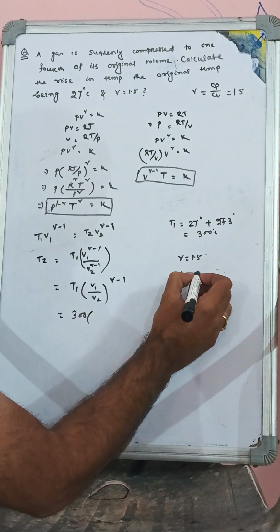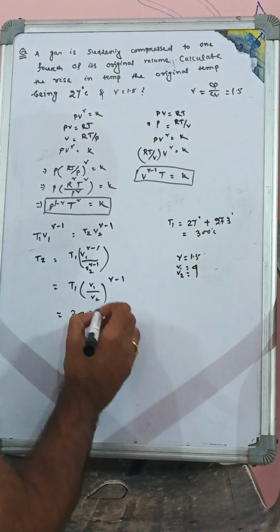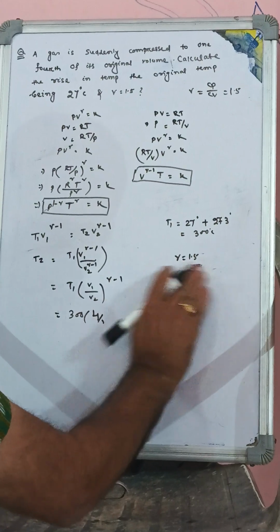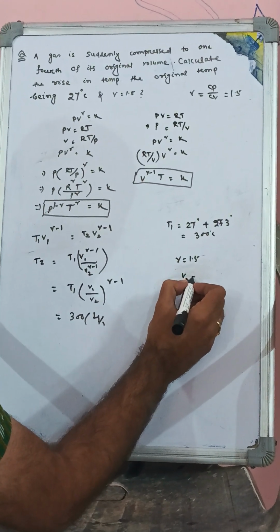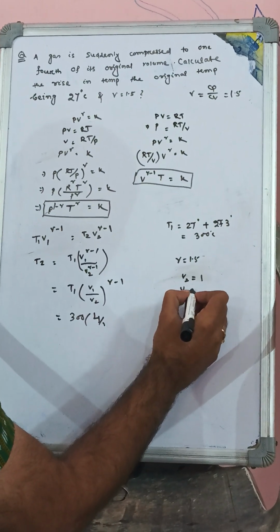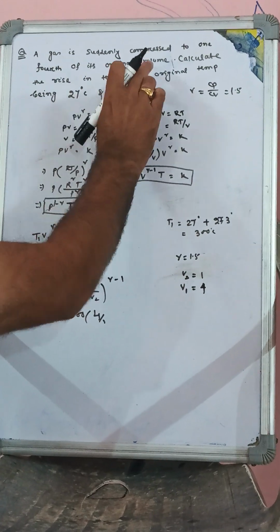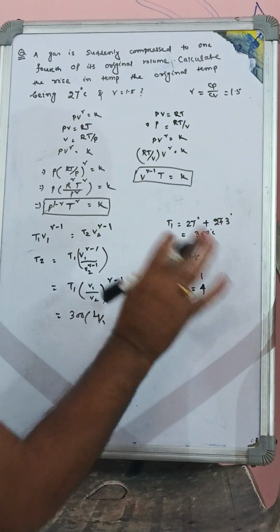So V2 is equal to 1 and V1 is equal to 4. V1 is 4 and V2 is 1.